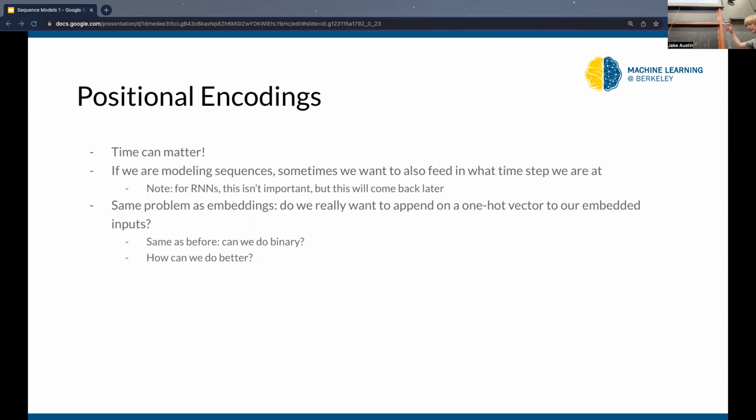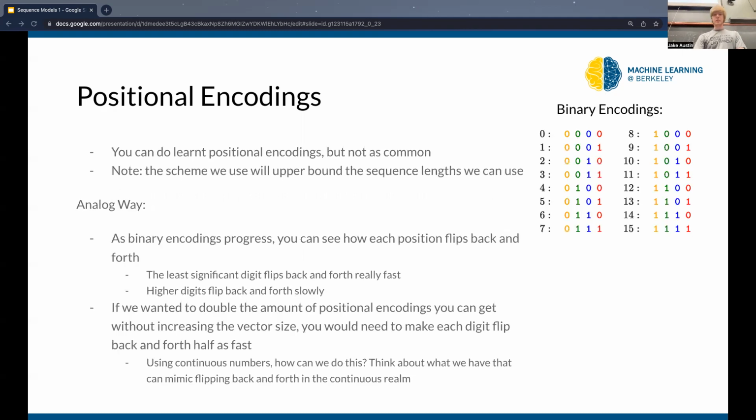We just concatenate on a little timestamp that currently would just be one-hot. We'd like something slightly better. Binary is another not terrible approach. What ends up working pretty well, we'll talk about in a second.